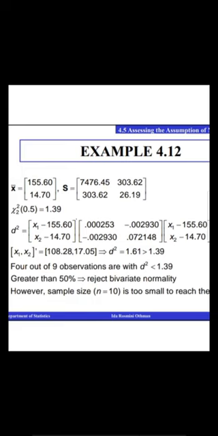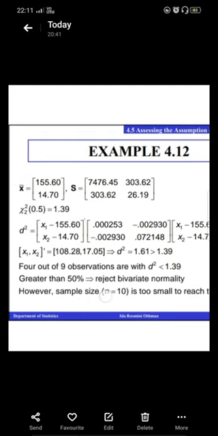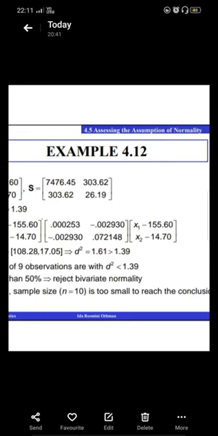Here the dimension of the matrix will be 1 by 2, right? 1 by 2, here 1 by 2, here 2 by 2, here 2 by 1. Last kali akan dapat 1 by 1, which is the value.